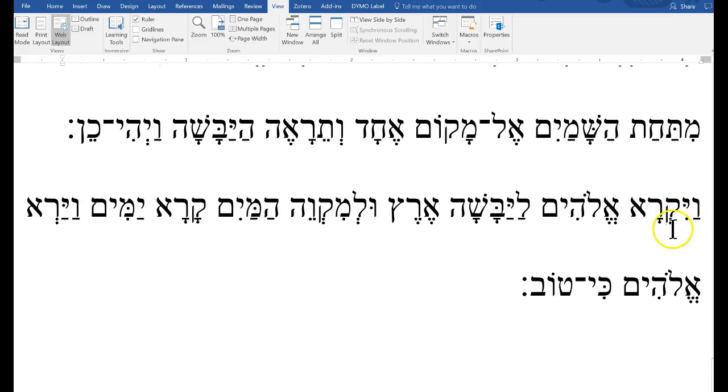And Elohim called to the "yabeshah" "eretz". So that raises an issue when it says God created the heavens and the earth on day 1. Should we think of earth in terms of a ball, or should we think of the raw material? I'm not sure, but here it's the land. Elohim called to the "yabeshah" dry earth.